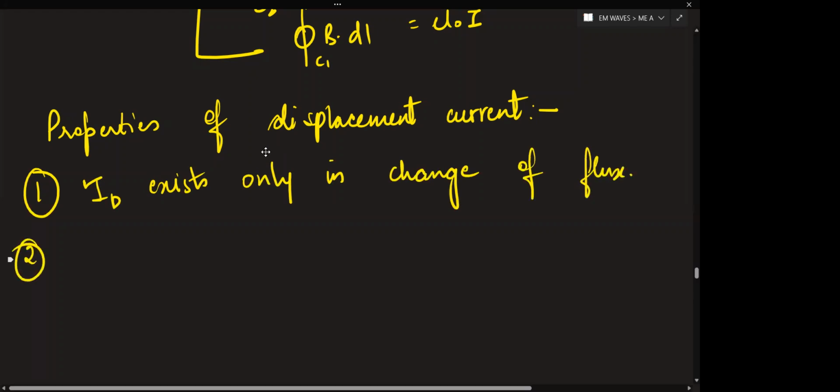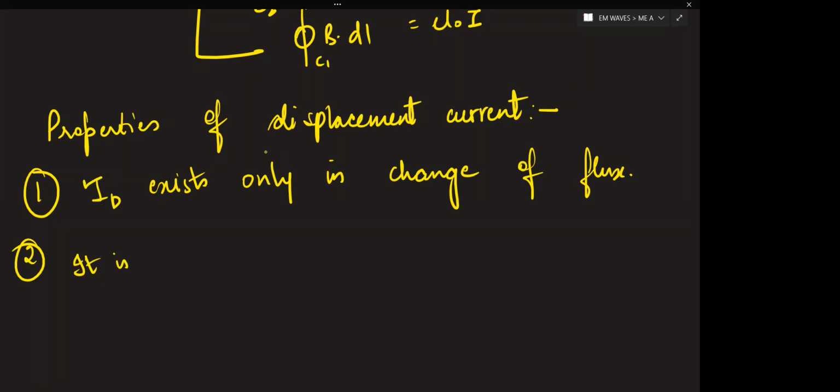Second point, it is actually not a current if you see. We call it a current because it adds to the current densities in Ampere circuital law. Technically, this is just drift of electrons. So it is not a current if you see. It is just drift of electrons that are occurring. It is just current density. It produces magnetic field. That's why we are calling it current.